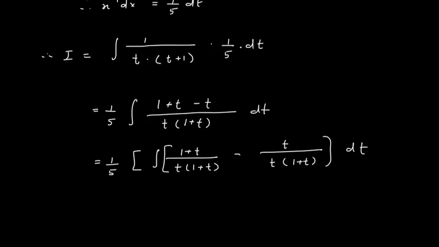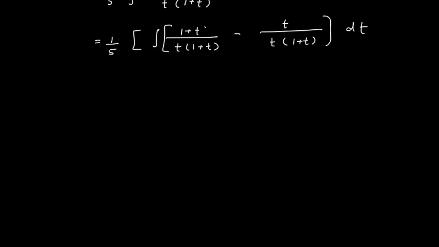So this 1 plus t and 1 plus t you can cancel from numerator and denominator. So this will become 1 divided by 5, and here it is integration of 1 divided by t, minus this t and t will also cancel, and this will become 1 upon (1 plus t) into dt.